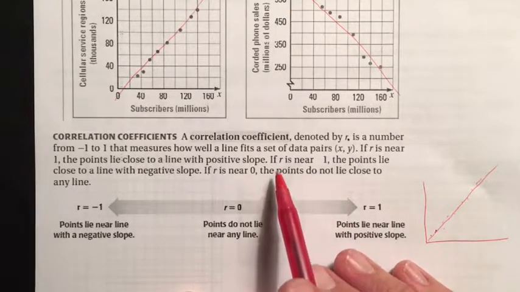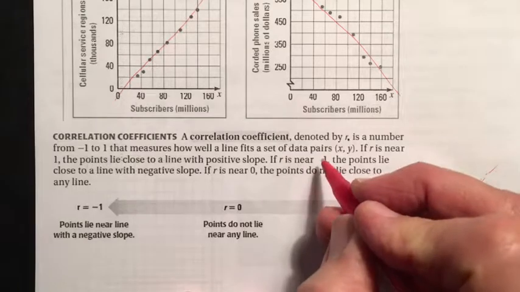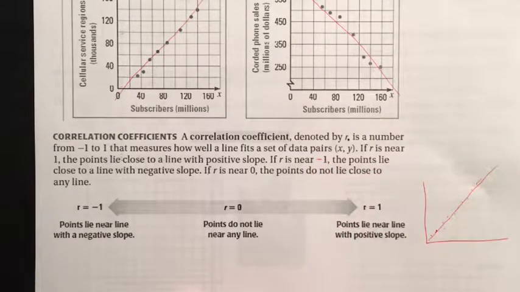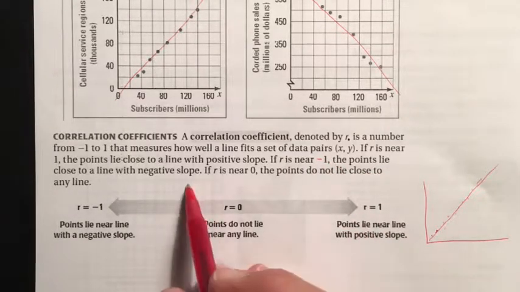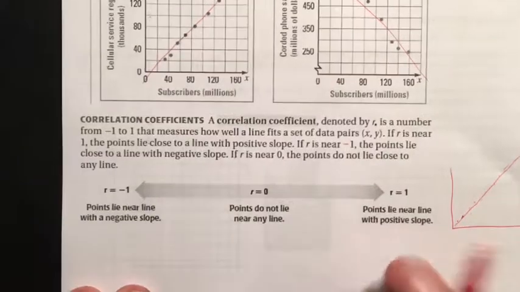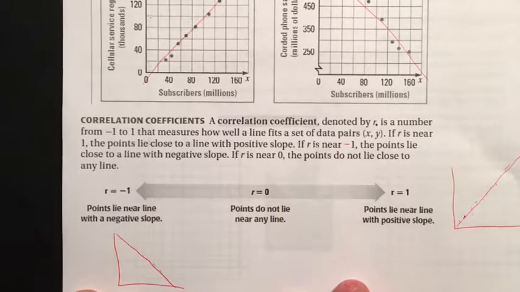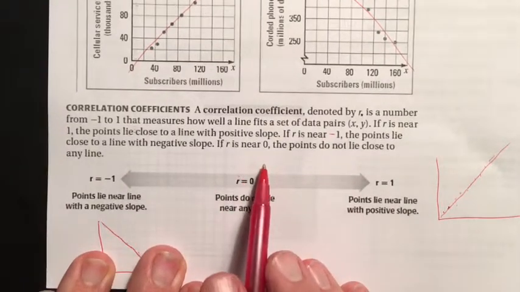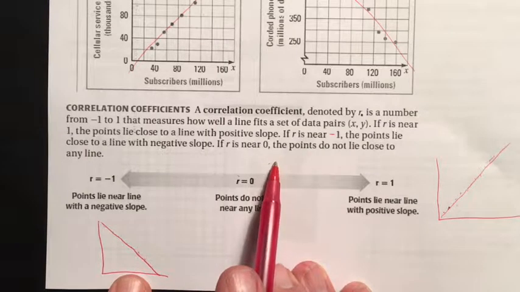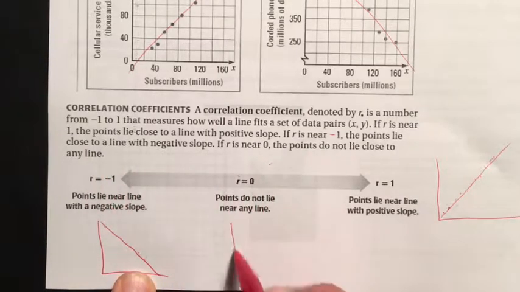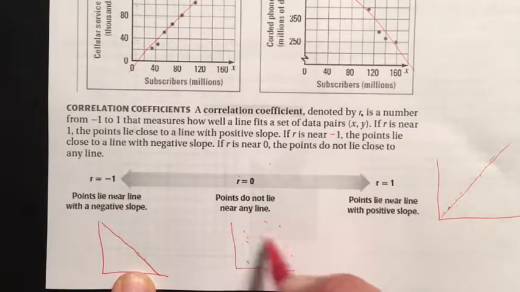If r is near -1, the points lie close to a line that has negative slope. So on this end, you would have the points almost in line coming down in a negative direction. If r is near 0, the points do not lie close to any line, and they are totally randomly scattered around.